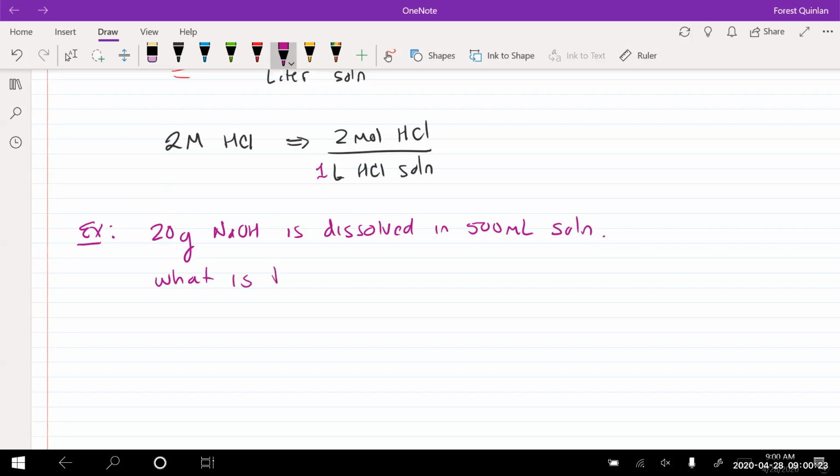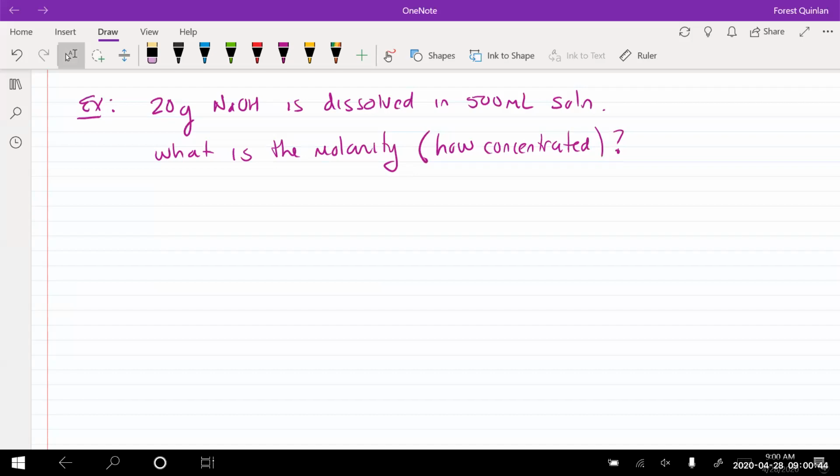What is the molarity? Meaning how concentrated is this solution, or what is the molarity? Again, trying to make sure that you guys realize that when we say molarity or concentration or strength, we are talking about the same thing.